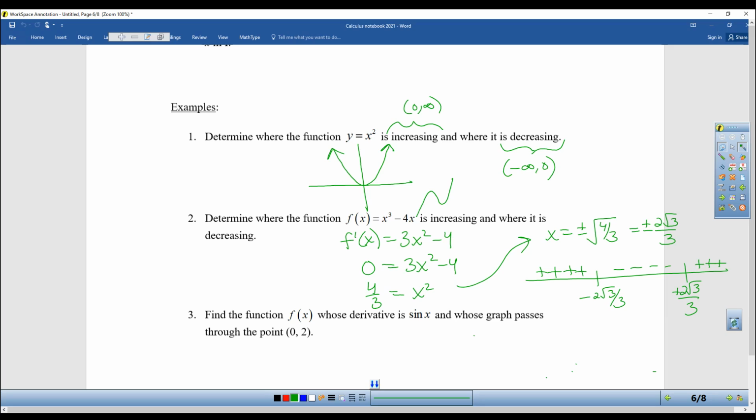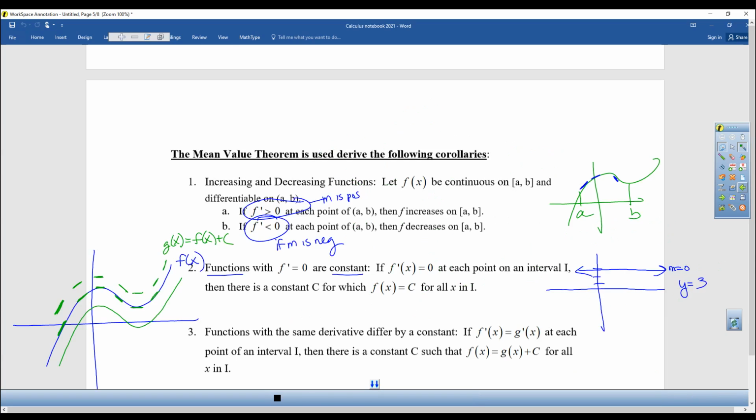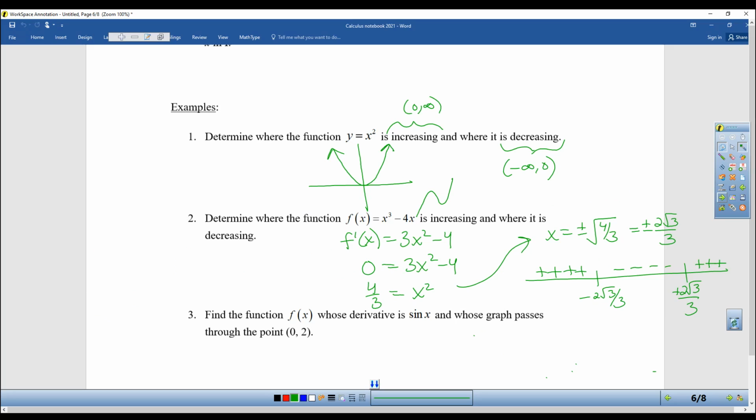So this is the corollary for the mean value theorem, that if the derivative is greater than 0, that's how you can determine increasing and decreasing. So it is increasing from negative infinity to negative square root of 4/3, and I don't care if you write it as negative square root of 4/3, or as 2 square roots of 3 over 3.